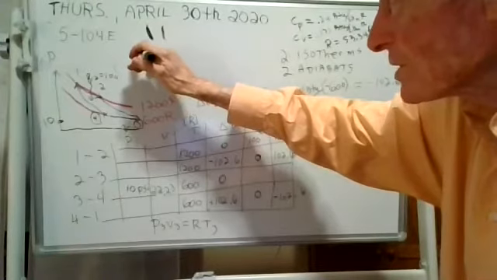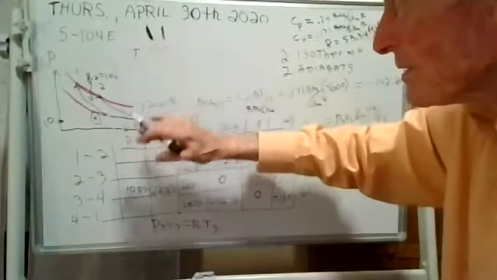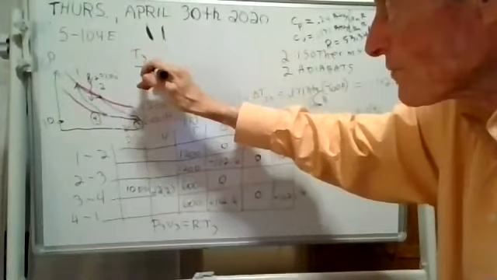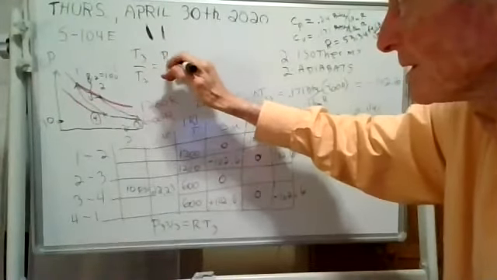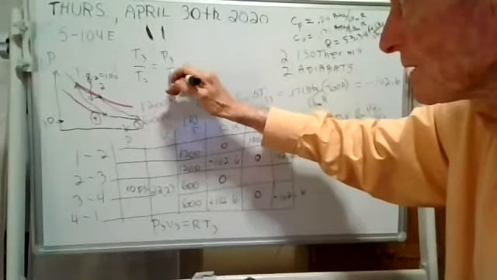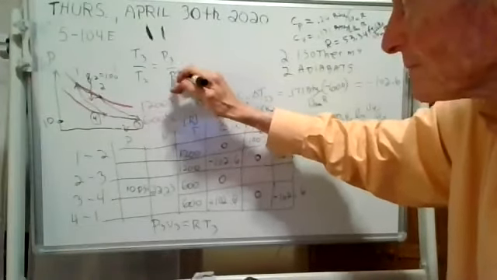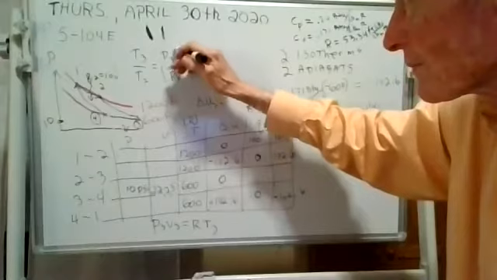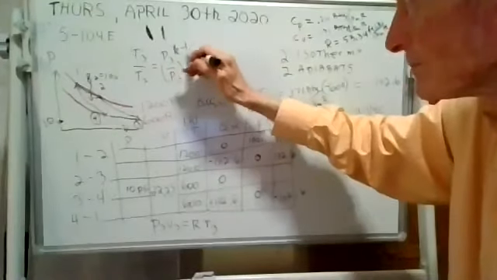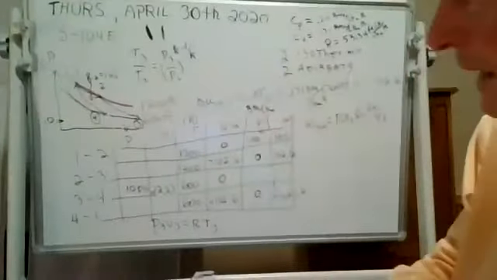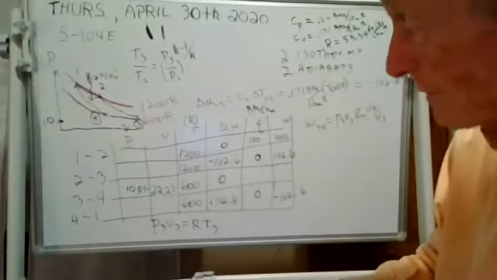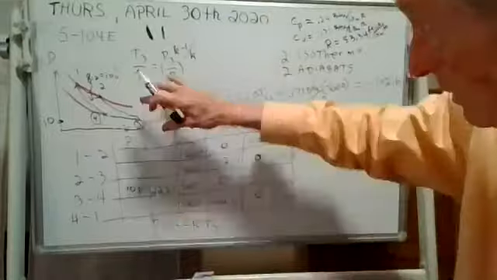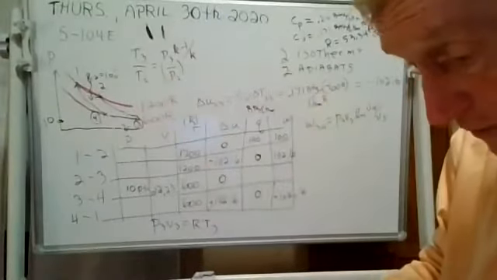We have an equation that goes like this, going from T2 to T3. It's air, right? I think we can use that because from 2 to 3 is an adiabat, and this equation works for adiabats.